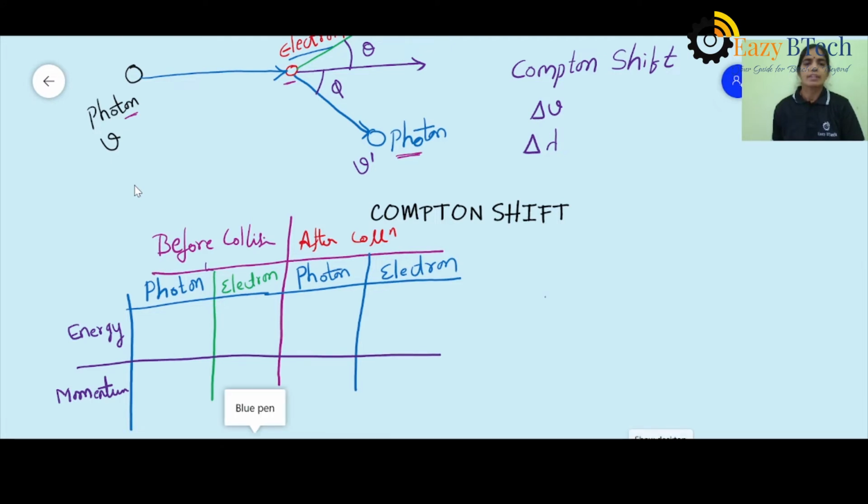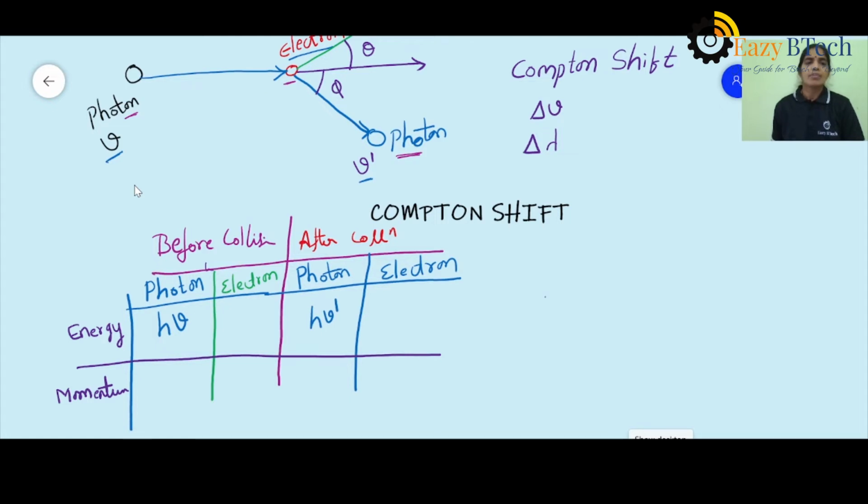Let's look over here for that. If I look at the photon, it is having a frequency of mu, so the energy is given as h mu. And the same photon possesses a frequency of mu prime after collision, so its energy is considered as h mu prime.